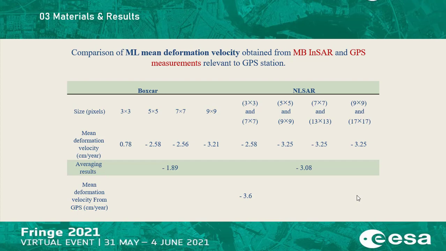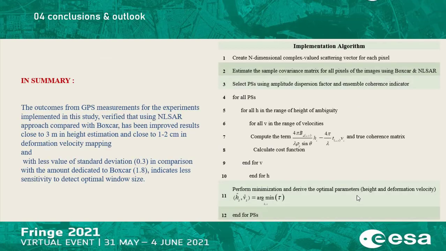Discovering the optimal window size and number of looks is a major issue in local methods that may affect the estimation of the covariance matrix and displacement results. Moreover, the boxcar method can ruin image structures and confuse the target contributions, especially in non-homogeneous regions. However, the NLSR method has shown high filtering efficiency and great detail preservation capability at the same time.